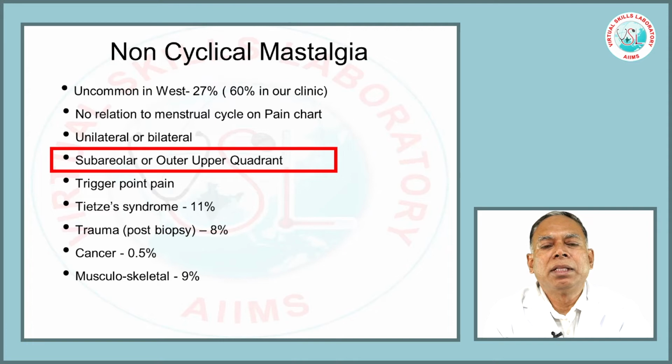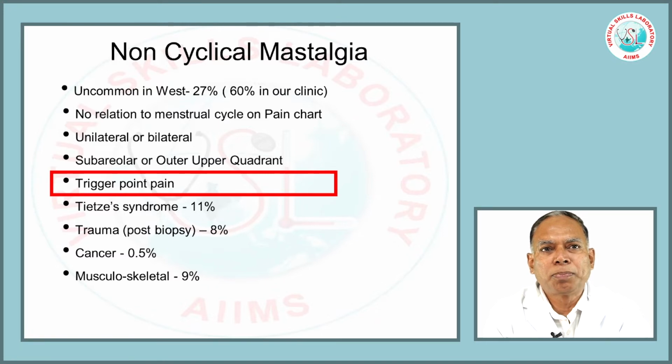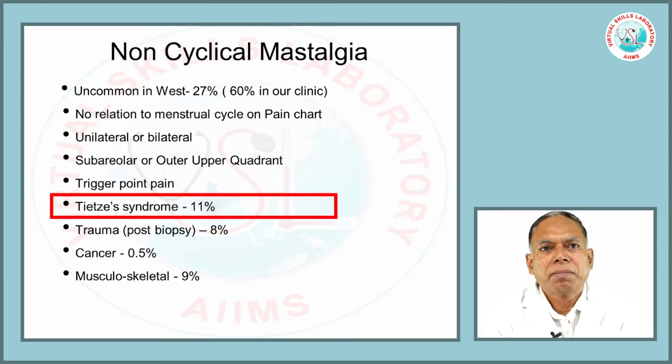Some women in this non-cyclical form may present with only a trigger point or trigger spot pain, that is, pain occurs only at a particular point and not diffusely in the whole of the breast. Tietze syndrome, which is idiopathic costochondritis, usually involving the second or third costochondral junction, may be a type of non-cyclical breast pain.